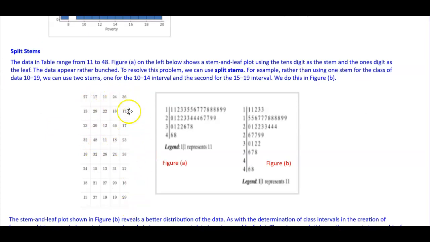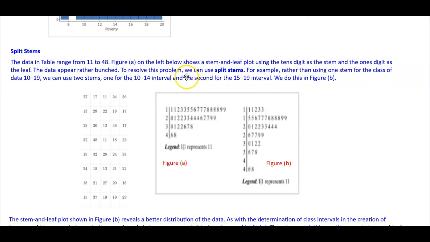If we look at this, figure A on the left shows a stem and leaf plot using the tens digit as the stem and the ones digit as the leaf. The data appear rather bunched. Here we have 11, another 11, and then a 12, a 13, and so on.